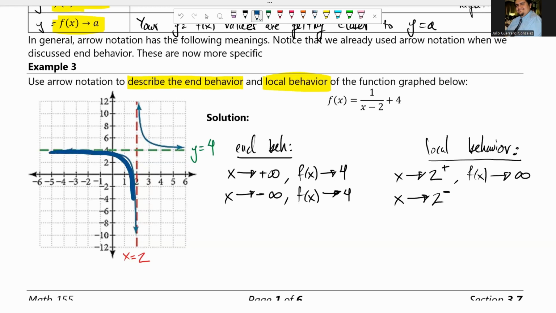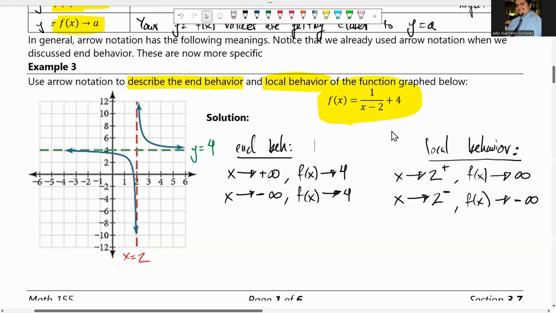Our graph is doing this as we come at it from the negative end. For this one, we would say f of x is tending toward negative infinity. That's it. We are describing the local behavior and the end behavior of this function.